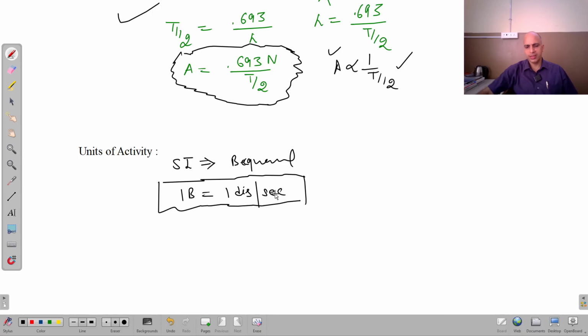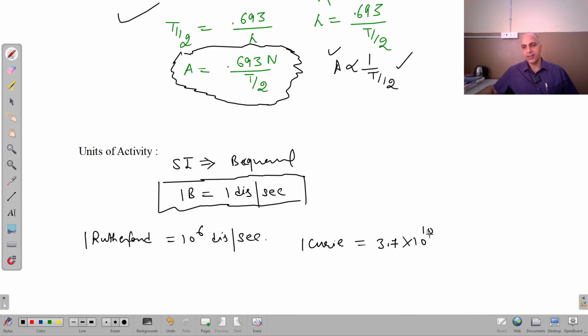There are some other units which are also used in radioactivity, like the Rutherford. Rutherford is a unit named after Rutherford, and one Rutherford means 10 raised to power 6 disintegrations per second. So it is a larger unit of activity. There is one more unit, the Curie. One Curie is equal to 3.7 into 10 raised to power 10 disintegrations per second.